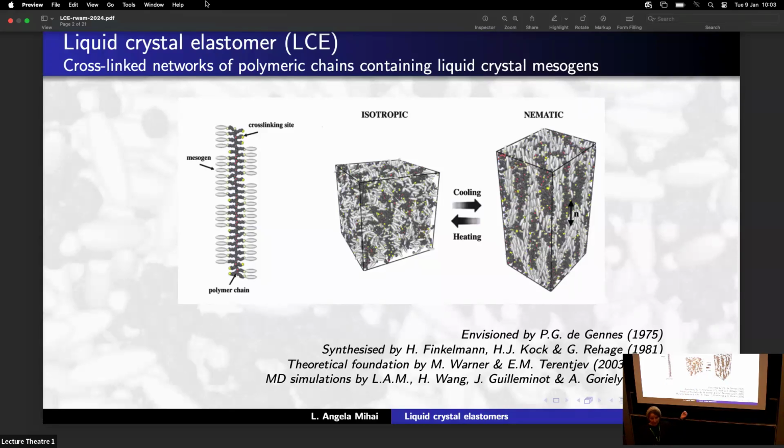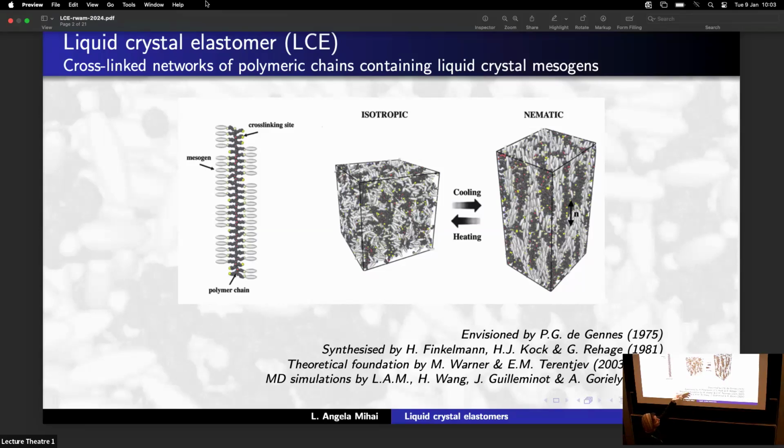So this is a thermotropic liquid crystal. Liquid crystal can also be made phototropic if some special dye molecules are cross-linked together with the liquid crystal and the polymeric network. And in that case, the response is under light. I will mention that a bit later. But the most common ones are the thermotropic liquid crystal elastomers.